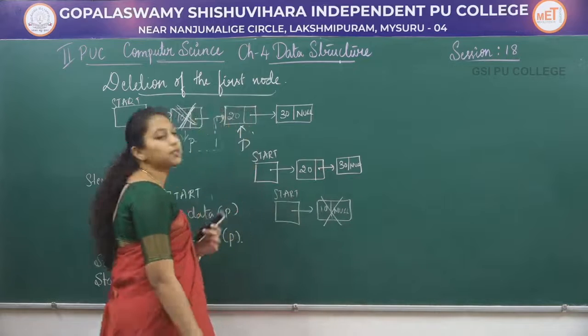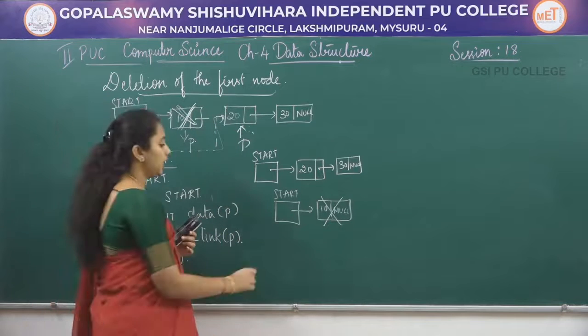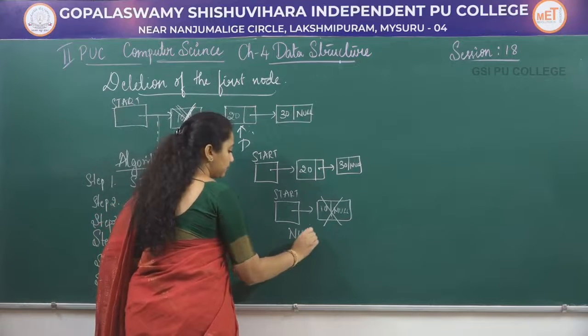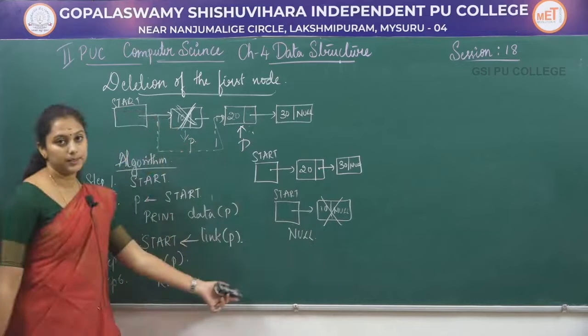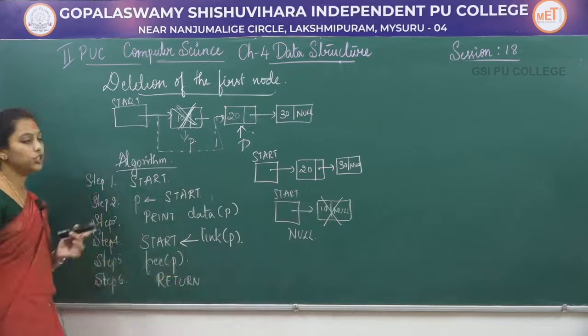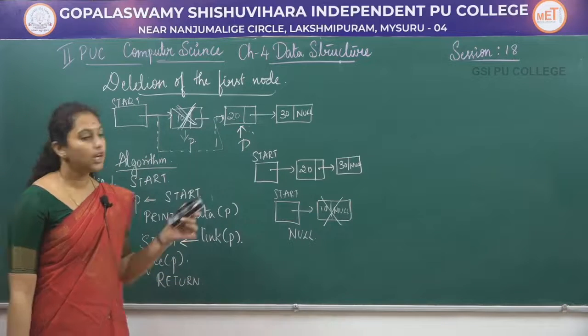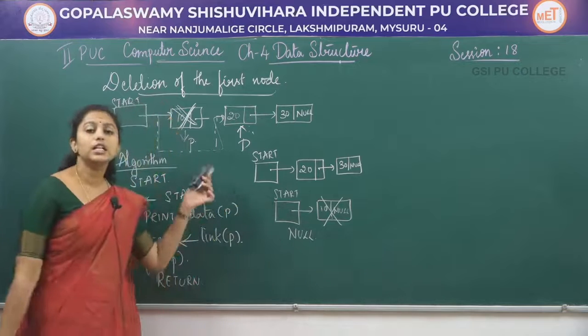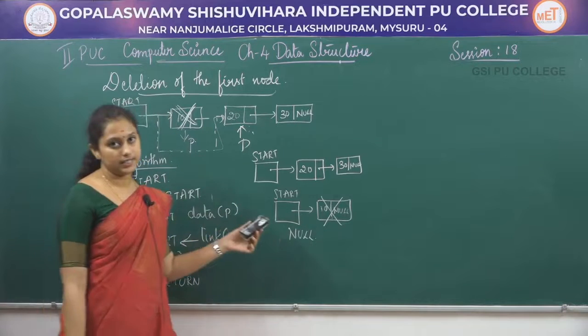So now the start pointer contains only null. This is about deletion of the first node. Now let's see how to delete the last node in the linked list.